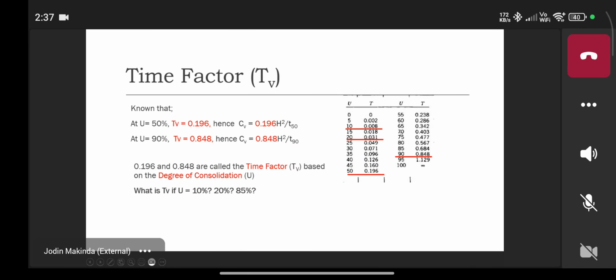The time factor is obtained from the time factor chart here, we look into 50%. Time factor is 0.196, sorry. You look into time factor of 90%. Time factor is 0.848. Therefore, the constant of time factor changes based on the percentage, okay?